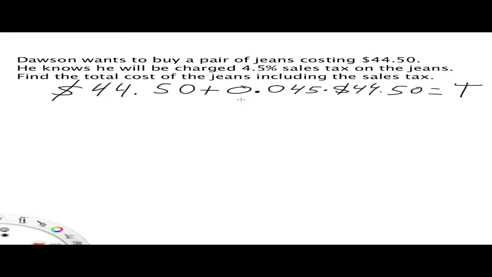So now we just got to do the calculation. We've got the setup, so 0.045.